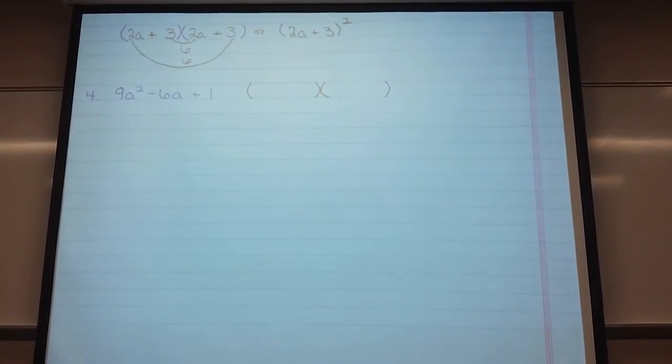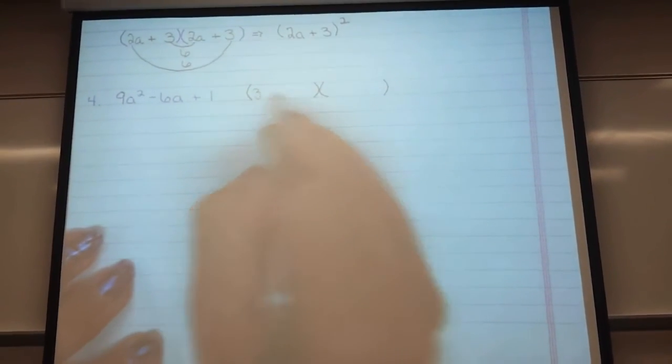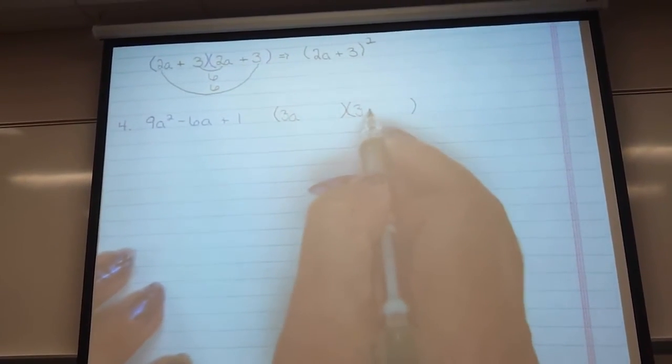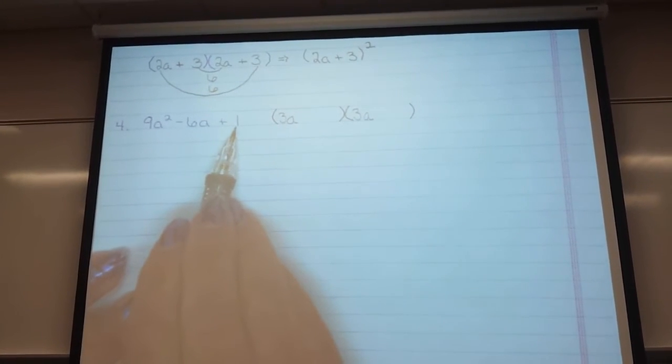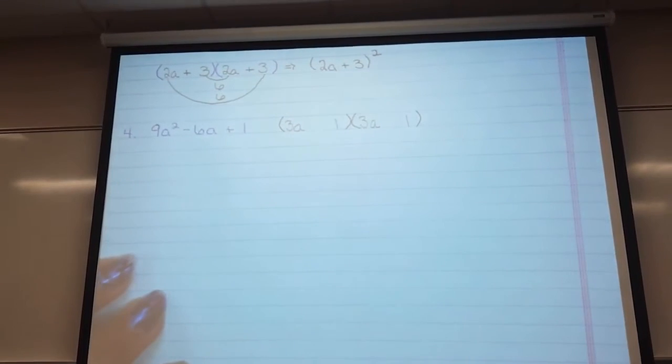What did you use for 9? 3 and 3. Your letter is a and a. What numbers did you use for 1? Just 1. Can't do really anything with that. 1 times 1.